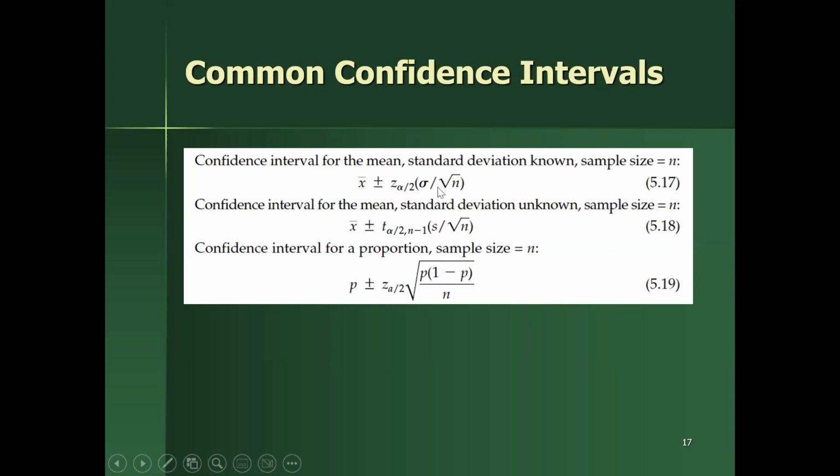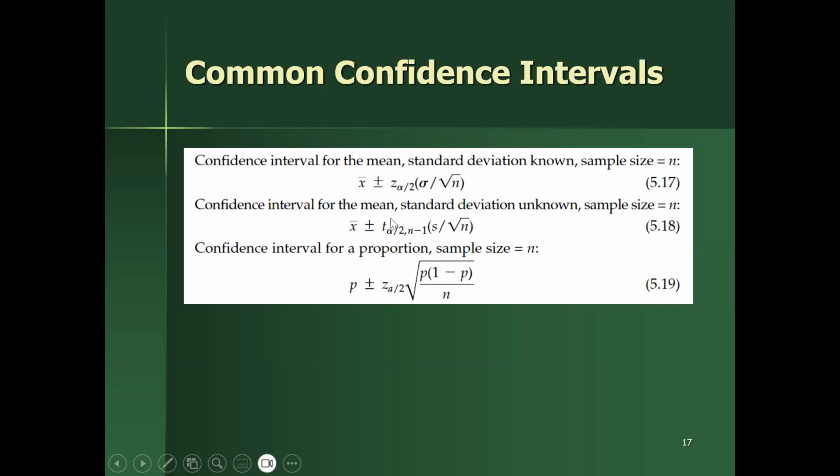If the sample size is large, we are using Z. So X bar plus minus Z alpha over 2 sigma over the square root of N. So you will be given the X bar. You need to find the Z alpha over 2 based on the required confidence interval. And then you need to find sigma if sigma is not given. And N should be given.